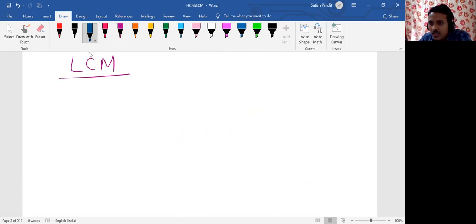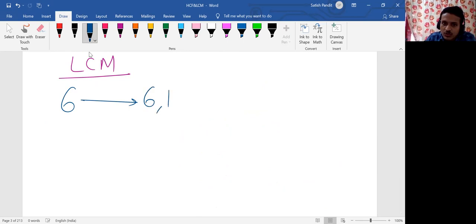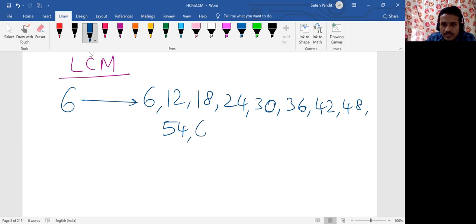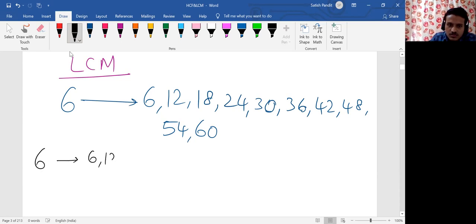First of all, we'll learn what is the meaning, and then we'll go by prime factorization method. Suppose if I have the number 6, what are the multiples of 6? 6, 12, 18, 24, 30, 36, 42, 48, 54, and 60.